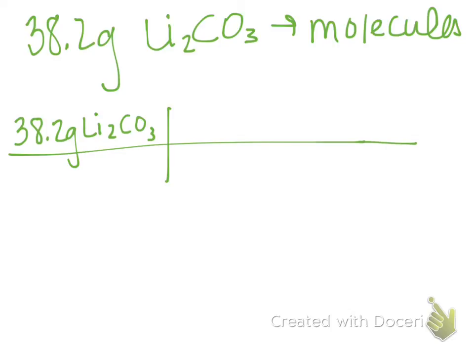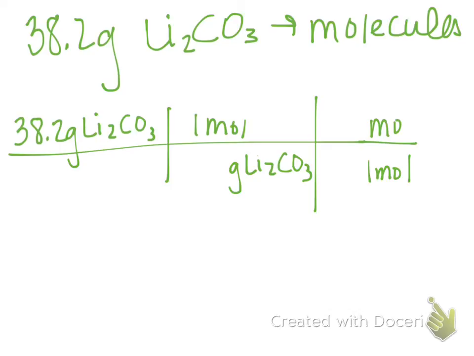Okay, this time I want to go from grams to molecules. Can we go directly from grams to molecules? No. What's our middleman? Moles. Good. So grams of Li2CO3 gives us 1 mole. And we want to get rid of moles, so it goes on the bottom next. I'm going to go 2 molecules.